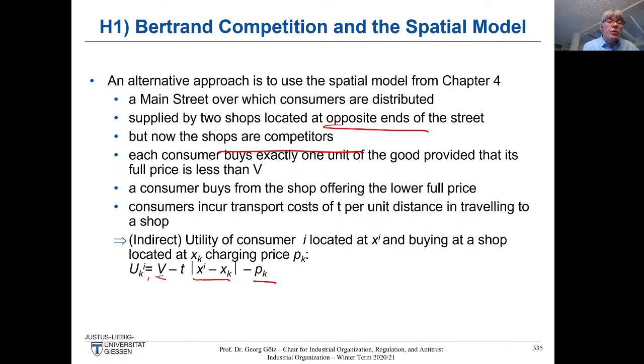And we multiply this length, say 200 meters, with the transport cost per meter. That's what we already introduced when we discussed the monopoly problem and how many shops a monopolist will operate. Here we first look at what competition between these two firms looks like, which are located at the edges of this street, and which prices they are going to charge.